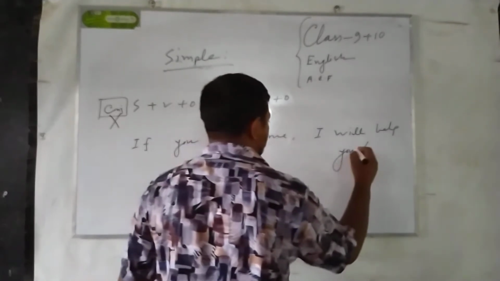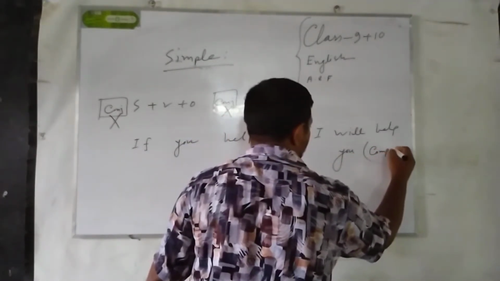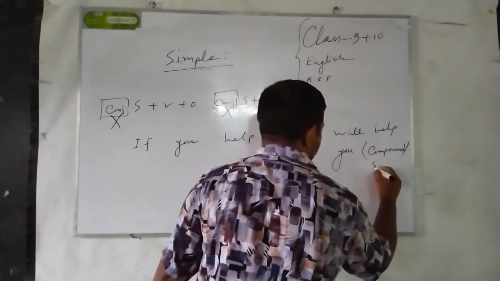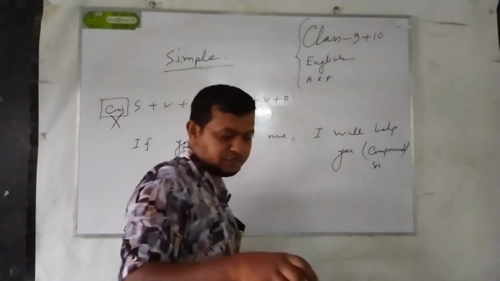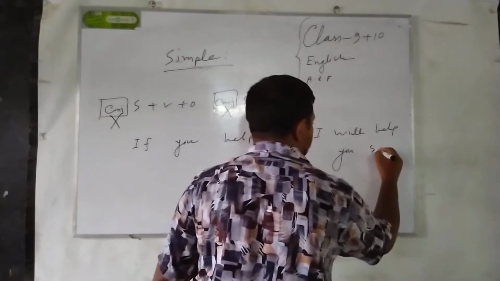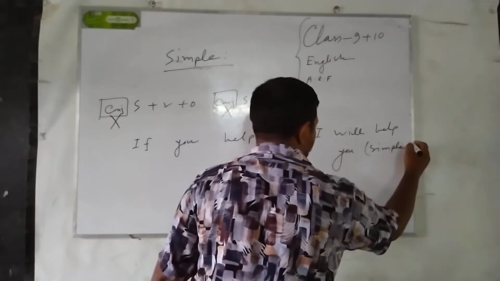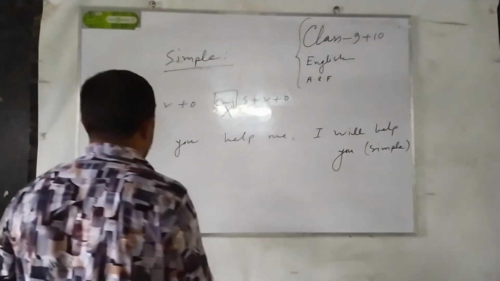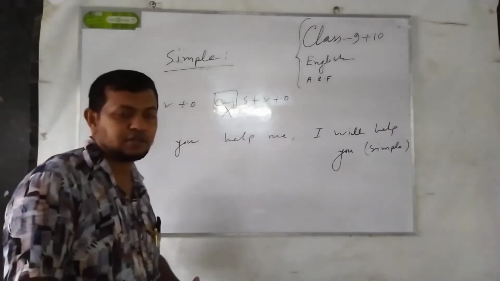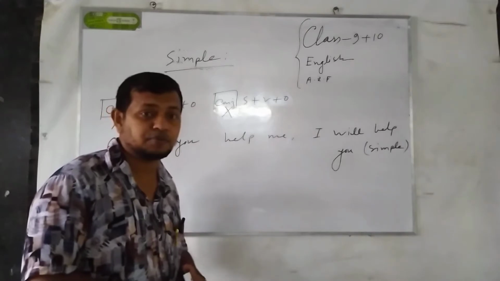This is a compound or simple sentence; we can change it firstly to a simple sentence. You know, this is a question. If you help me, I will help you. If you help me means jodi tumi amay sahajyo koro, I will help you.